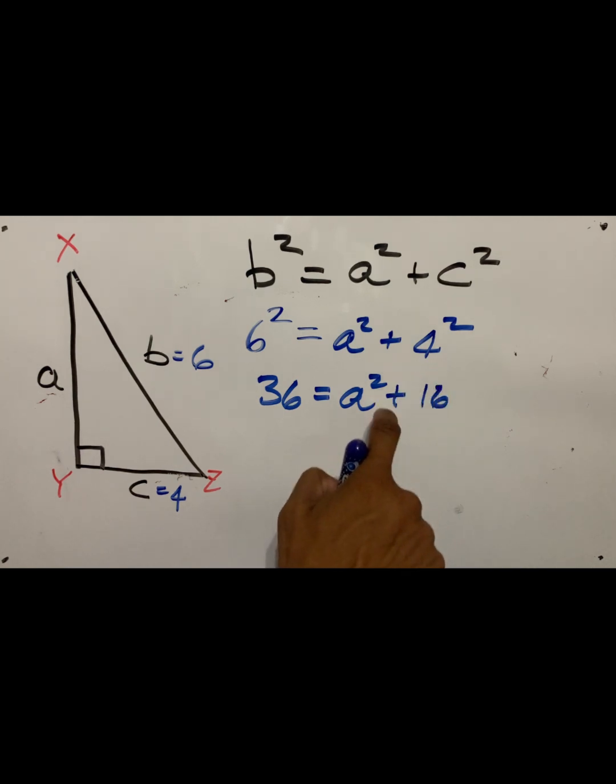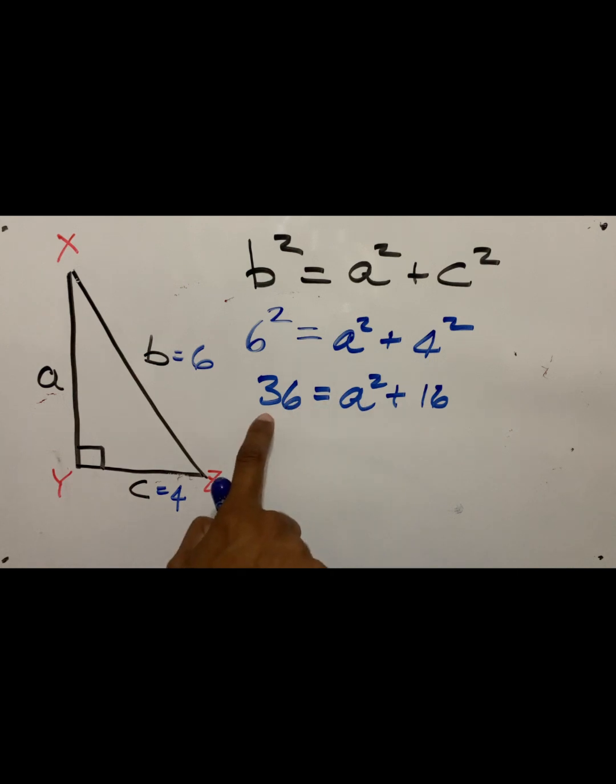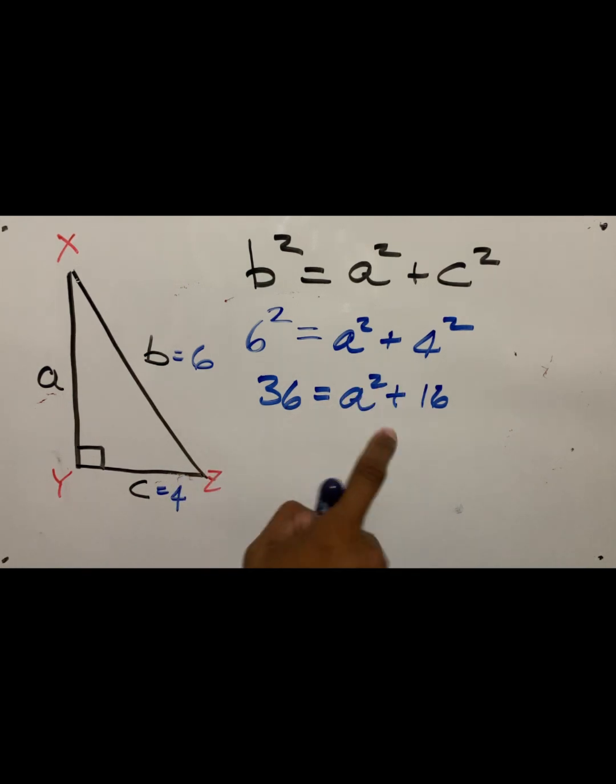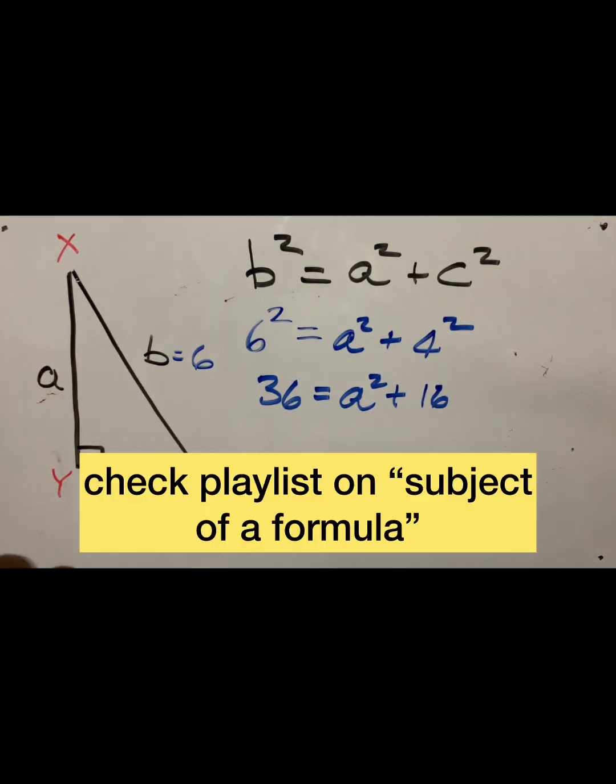Now how do we get rid of this 16 so we can have a alone on this side? We take away 16 from both sides of the equation. We do the opposite of what 16 is doing, okay? If you don't understand how to make any subject of the formula, go back to the playlist and you'll see that explanation.